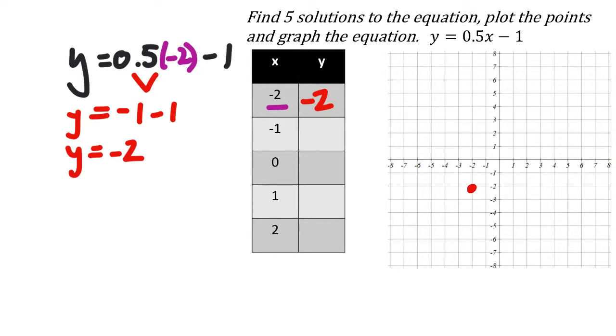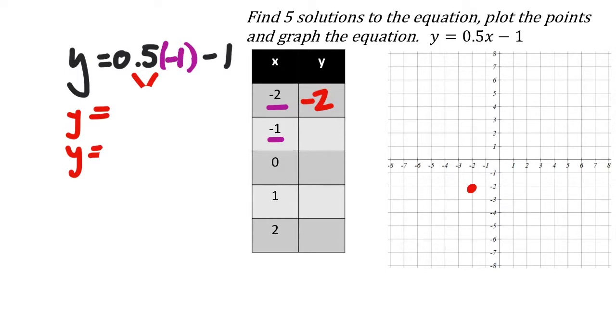Now I go back to the equation, and if I can erase this stuff, I should be able to evaluate this, and the process is the same, right? And again, if you use a calculator, you could just go into it and delete the old value and replace the new one. You'll see the pattern here. The next ordered pair is where x is negative 1. So I replace x with negative 1.